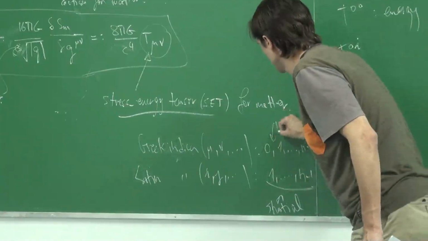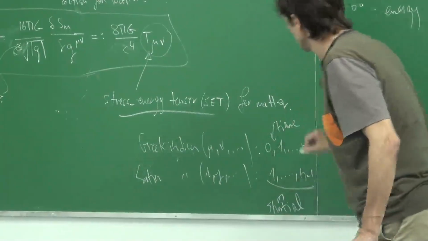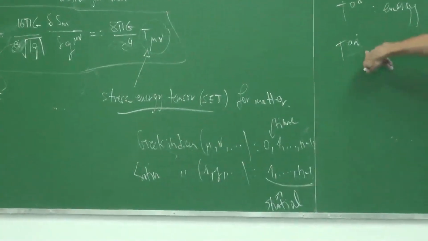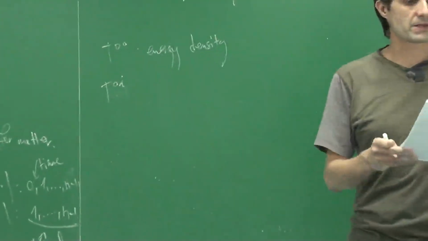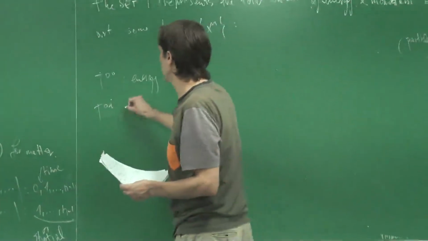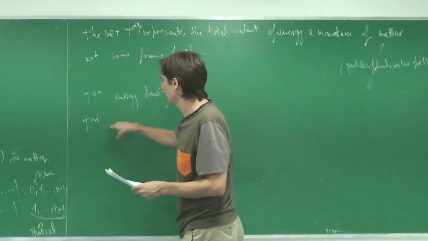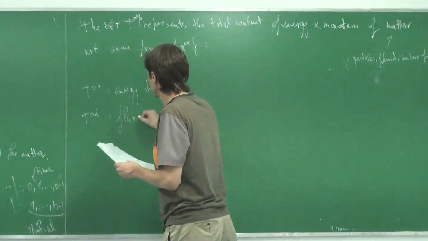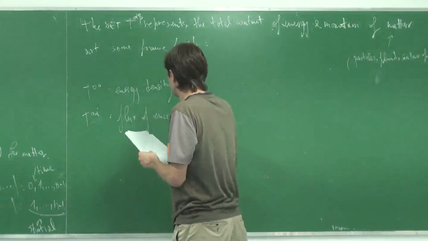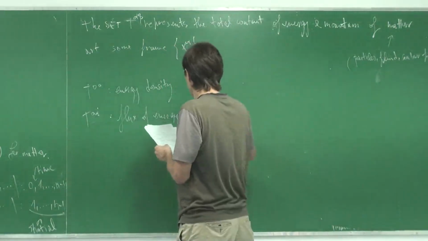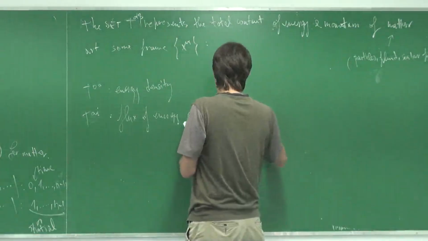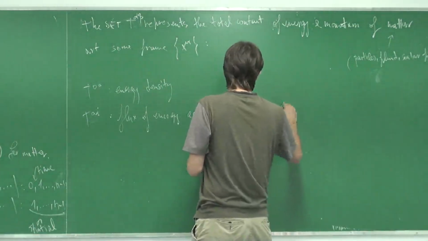Okay, 0 denotes your time component. So when I say T0i in here, I just mean the spatial components. T00 is the time-time component. So this is the flux of energy across a surface of constant xi.